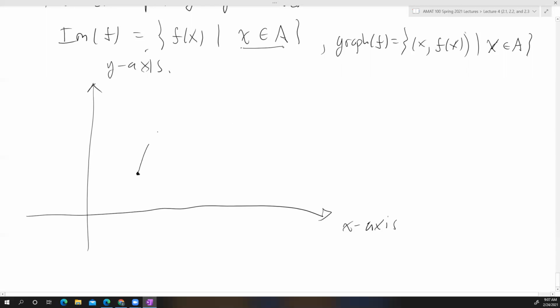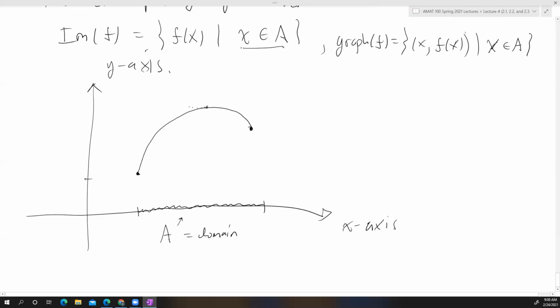So just, for example, the plot might look like something like this. So the domain will be this whole set right here. So this might be A. And that's the domain. The codomain is the whole y-axis. It's a copy of the real line. But the range is a subset. Notice it's almost like the extent of the... oh no, I'm sorry, that doesn't go there. It goes up to this max value here.